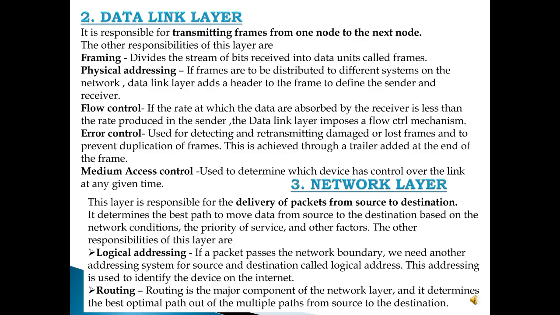It is used for detecting and retransmitting damaged or lost frames and to prevent duplication of frames. This is achieved through a trailer added at the end of the frame. Then, medium access control. It is used to determine which device has control over the link at a given time.